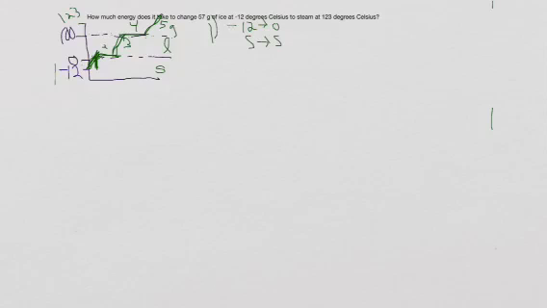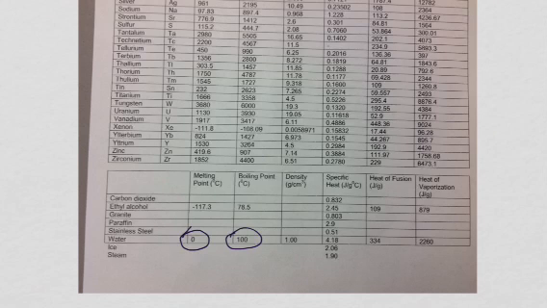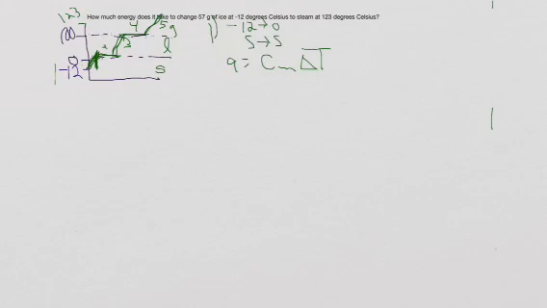So since it's the temperature that's changing, we're using Q equals Cm delta T. So we need the specific heat of our substance as a solid. So our substance is water. The specific heat of water as a solid, so ice, is 2.06. So our C is 2.06 times the mass that was given in the problem, which was 57.